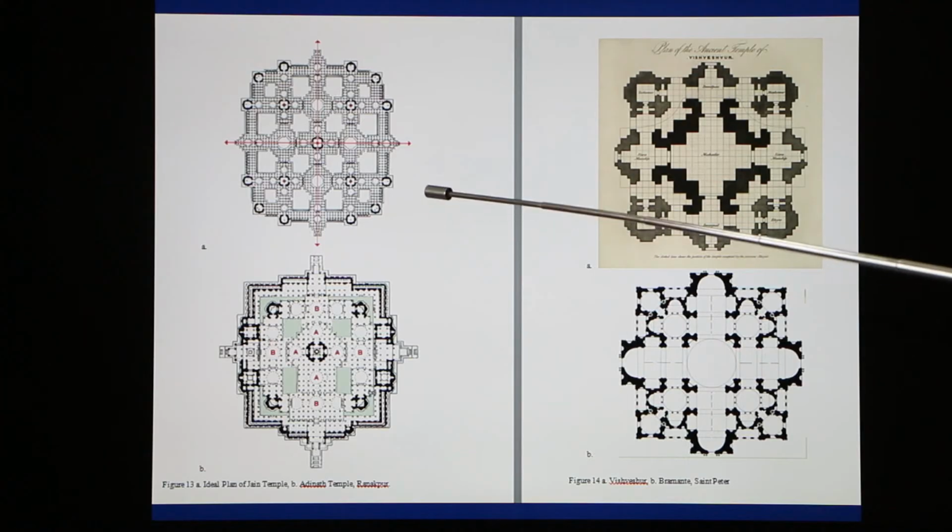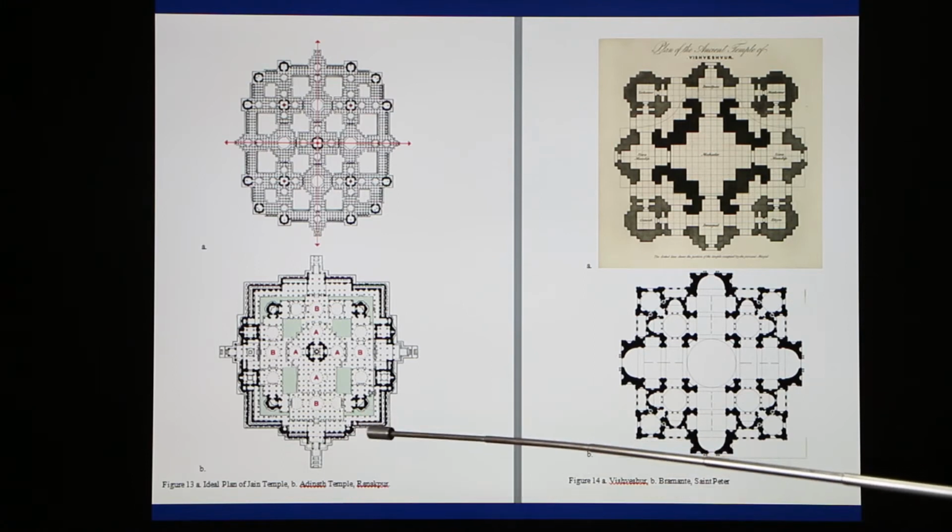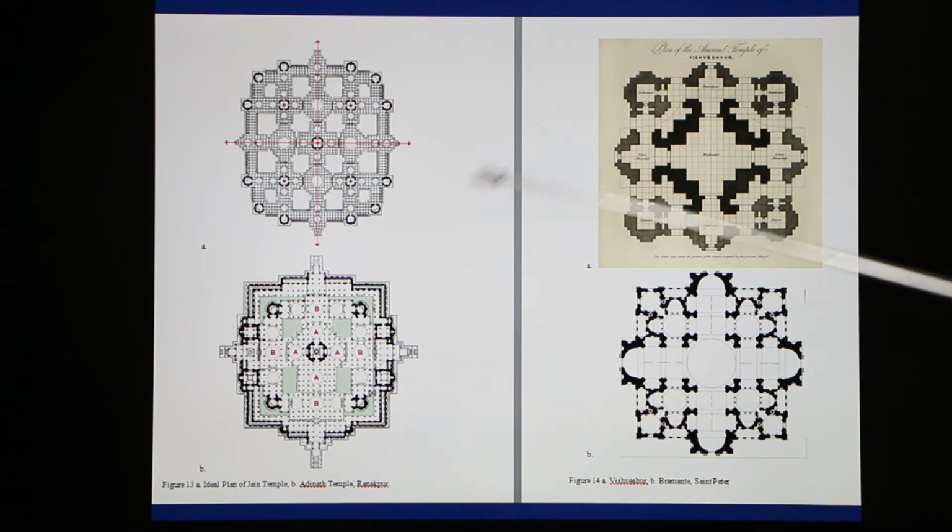But just for fun, I take you to an ideal plan of a Jain temple. I take you to the Adinath temple at Ranakpur. I take you to the ancient temple of Vishveshvur. And I take you to Bramante's plan of St. Peter's in Rome.